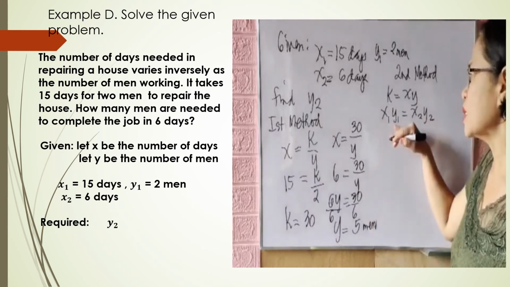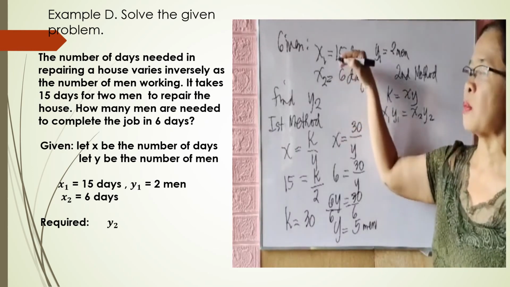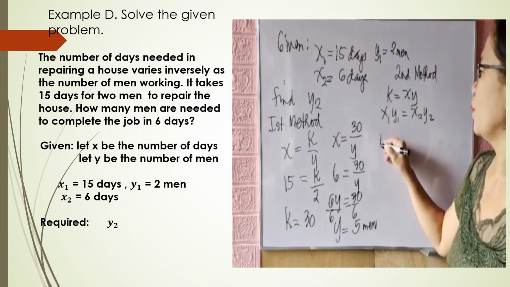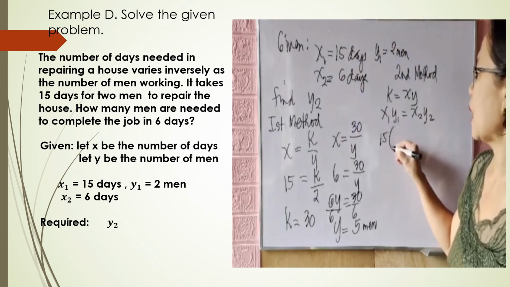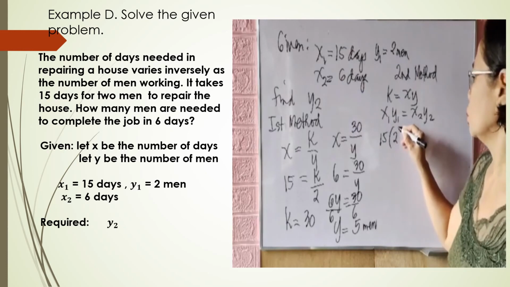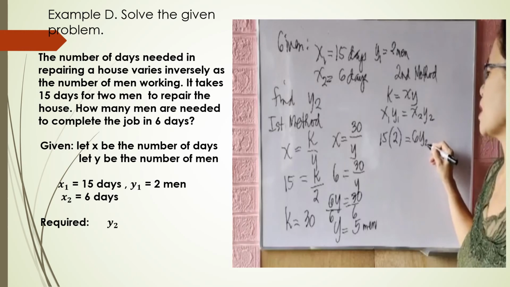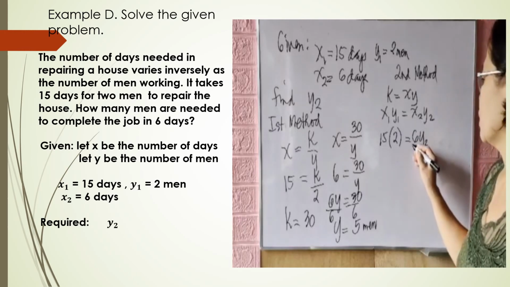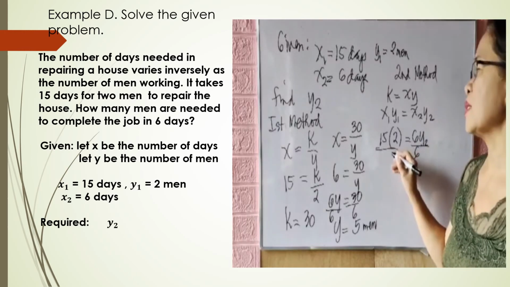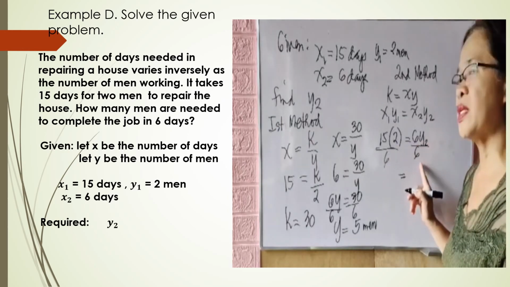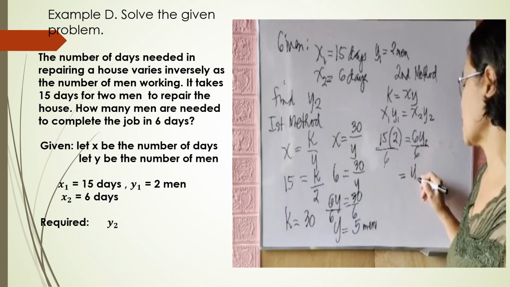Now, using this equation, we are going to substitute the given values. So we have 15 days times 2 is equal to 6 times y sub 2. Then divide both sides by 6. So we have 6 y sub 2 divided by 6 is y sub 2.